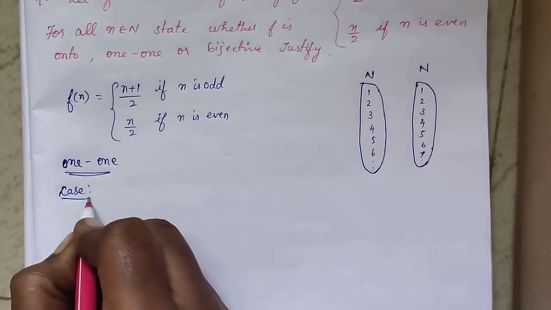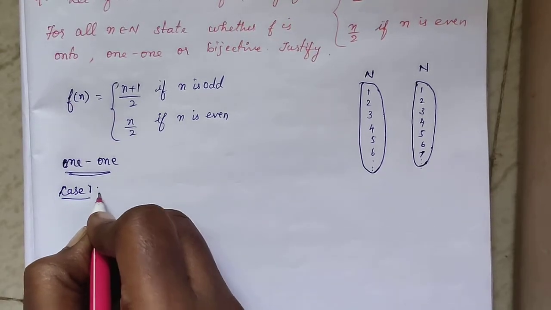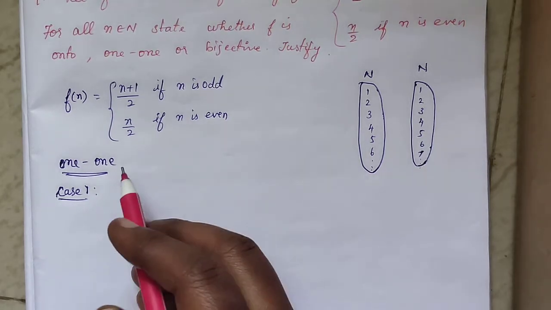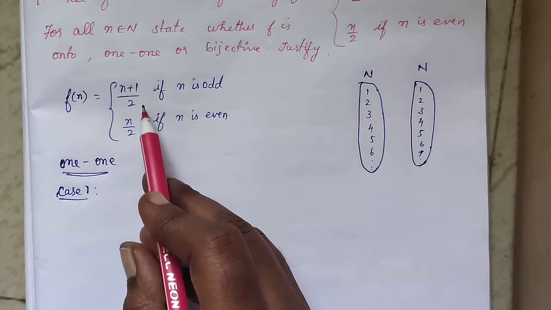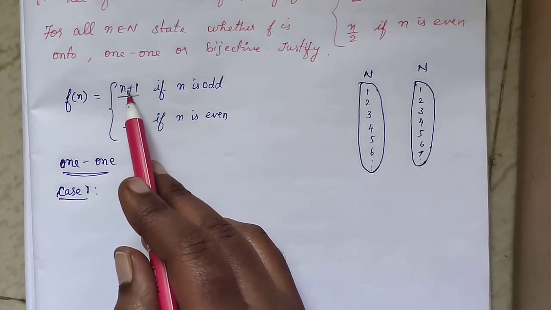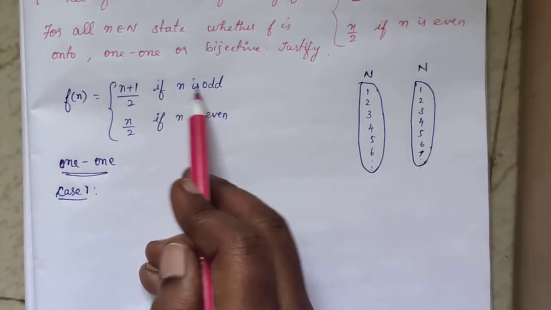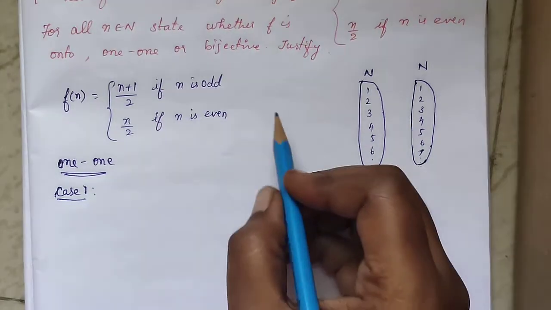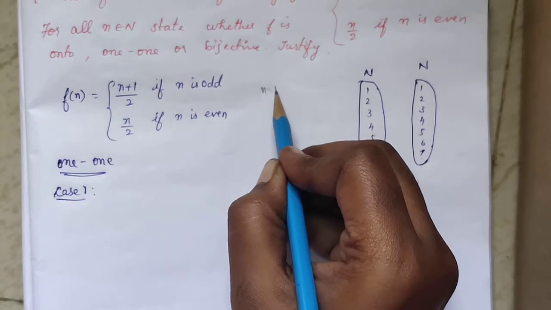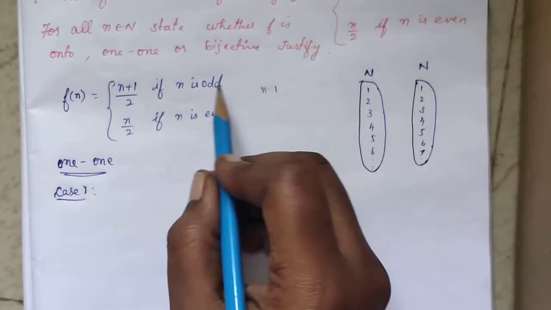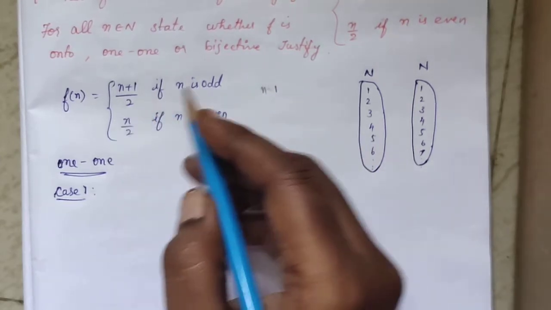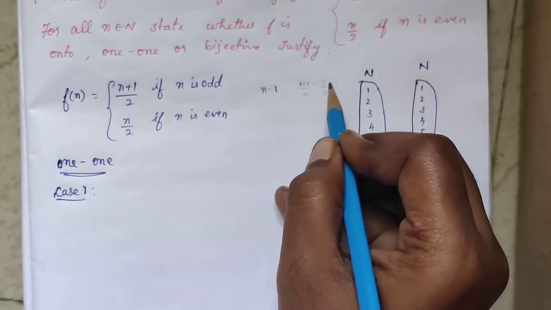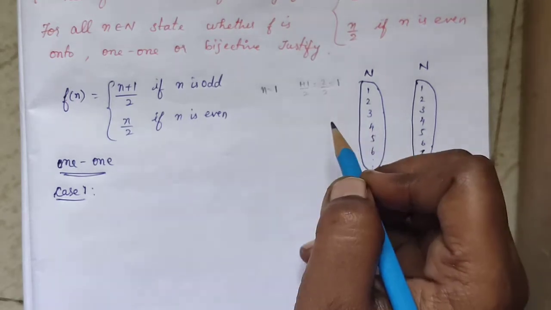Case 1. Now see here, let us take both numbers. If n is an odd number, let us take n equal to 1. It is odd, so we go to the first rule: 1 plus 1 by 2, that is 2 by 2, equal to 1.